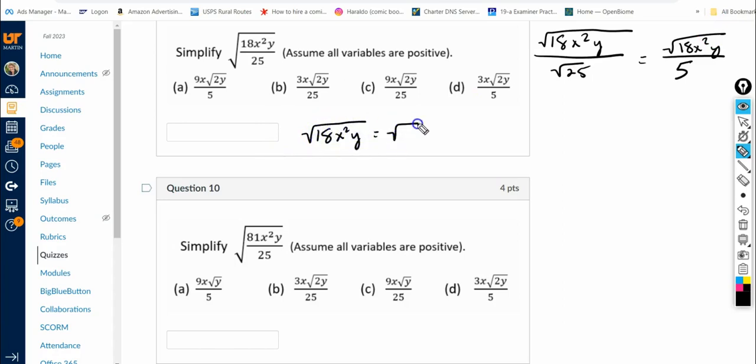I can split that up. Now 18 is not a perfect square, but I can write 18 as 9 times 2. The square root of x squared is x, and square root of y, I can't do anything with that. Square root of 9 is 3.